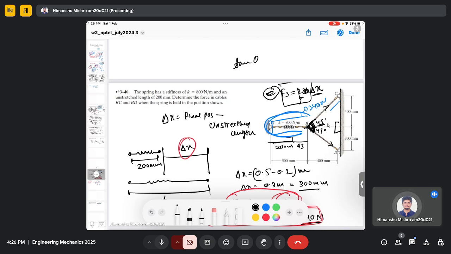So the above is 45 because this is 400 and this is 400, but here it is 300. So yeah, it should not be a 45 here. And here I can use the ratio.